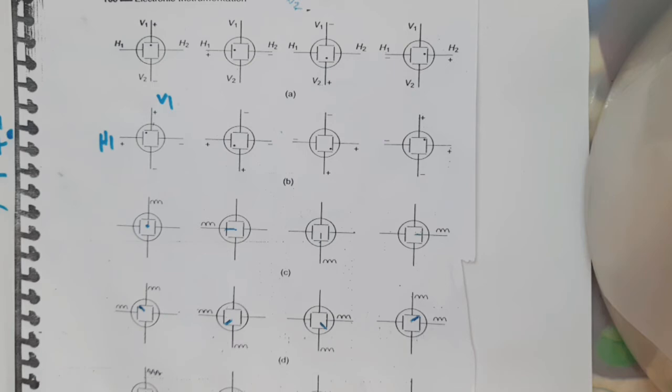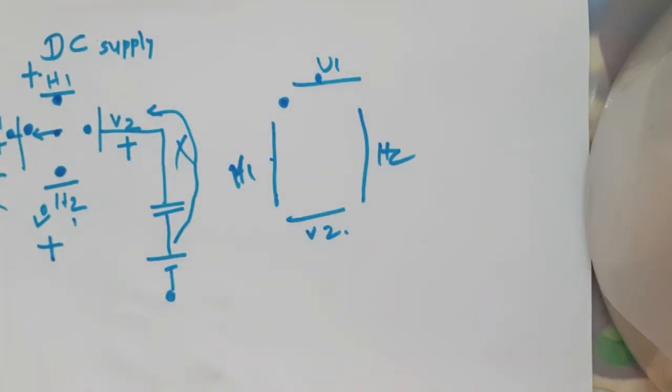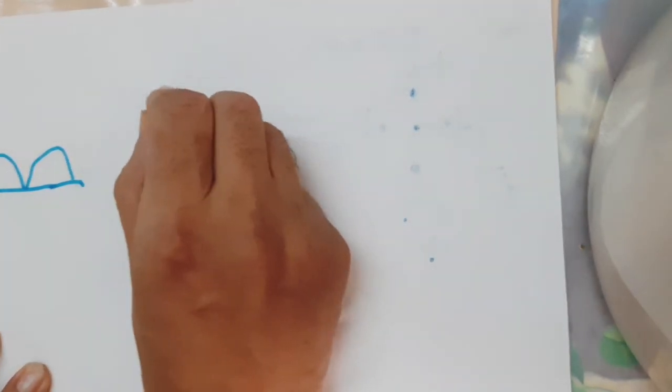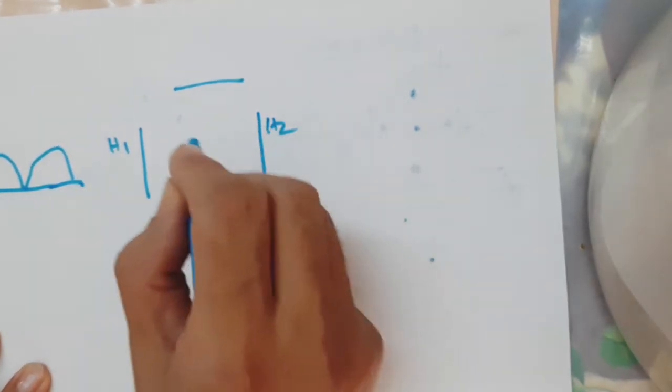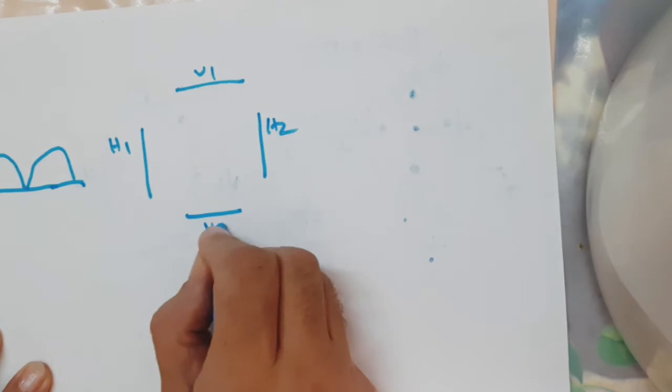Now we see what happened when the half cycle of the signal is applied to the deflecting plate. See here, this is your half cycle. This half cycle we are applying in this H1, H2, V1, V2.